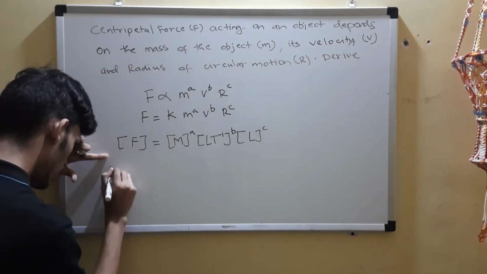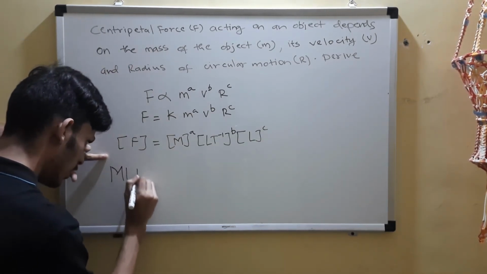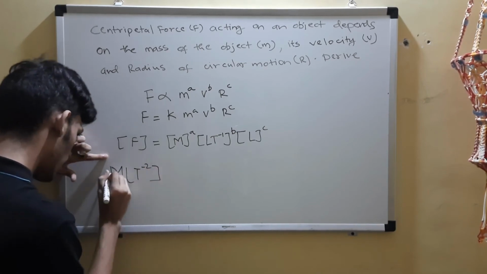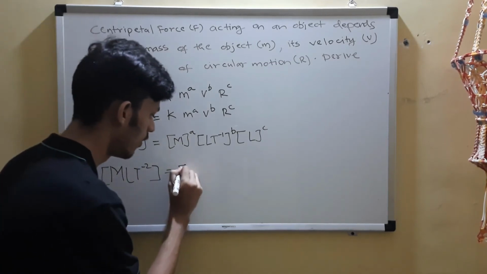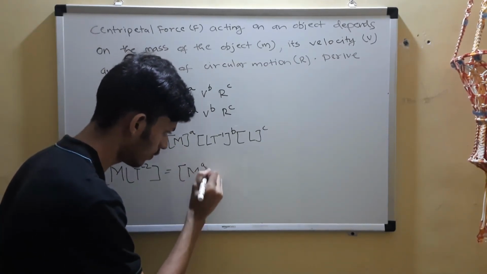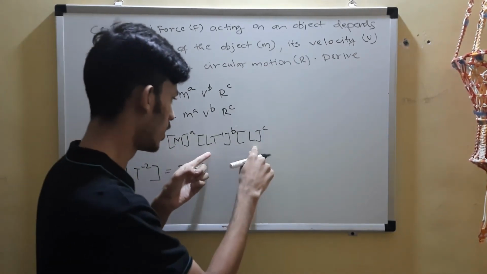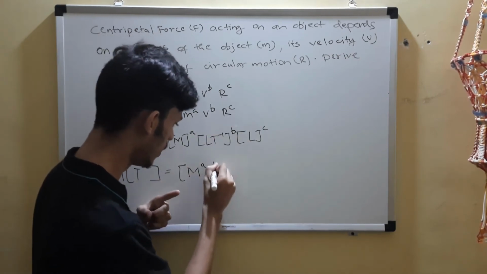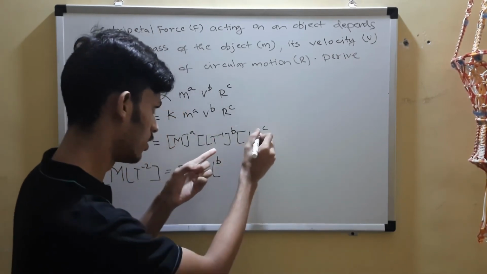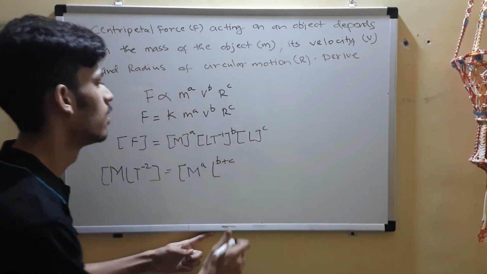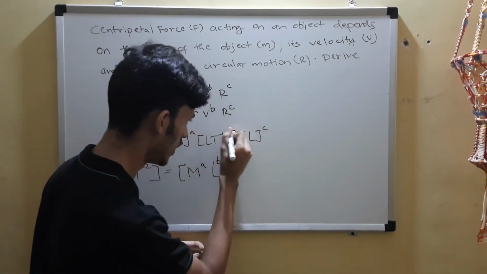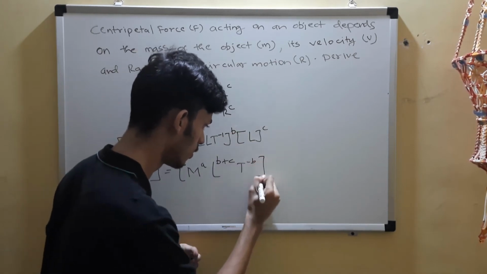Force has dimensional formula M L T raised to minus 2, mass into acceleration. Here you have M raised to a. L you have twice over here, L raised to b, and here also it's plus c, so L raised to b plus c, and here you have T raised to minus b, minus 1 into b, so minus b.